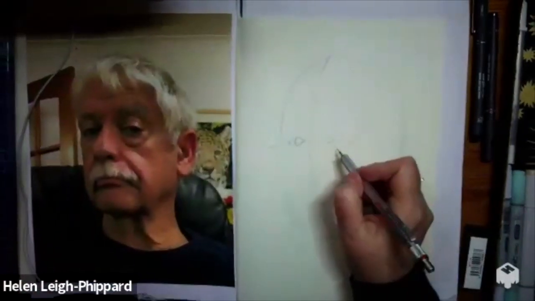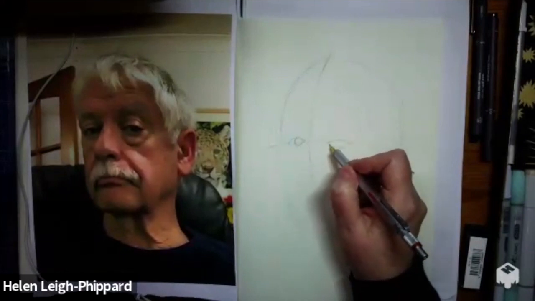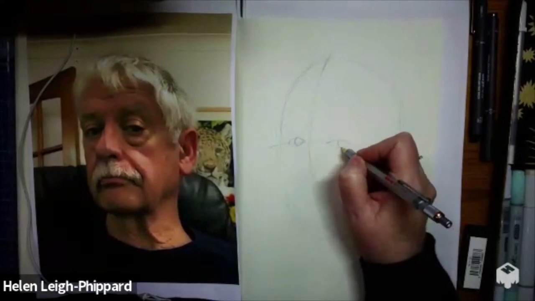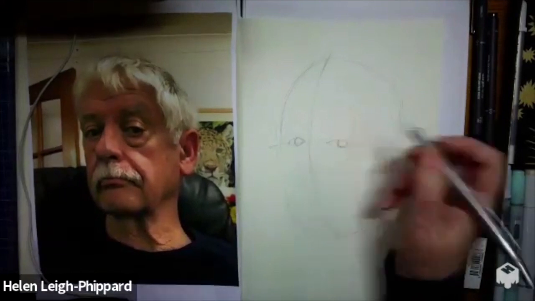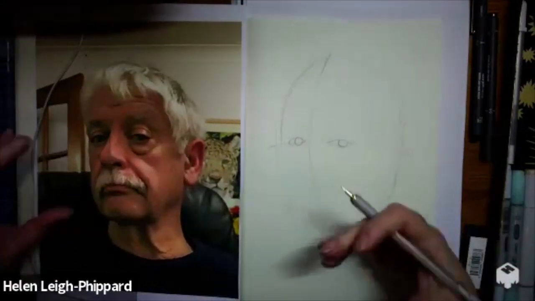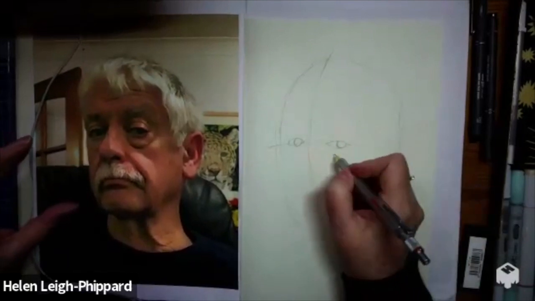If you can get that right, then you can more or less get the shape of the eye right. I did try not drawing the bottom of the eye for a while, because I know lots of people say that you don't need to draw it. But I find if I don't draw it, I struggle with placing the other parts of the eye. So I tend to just draw it in, but not too heavily.